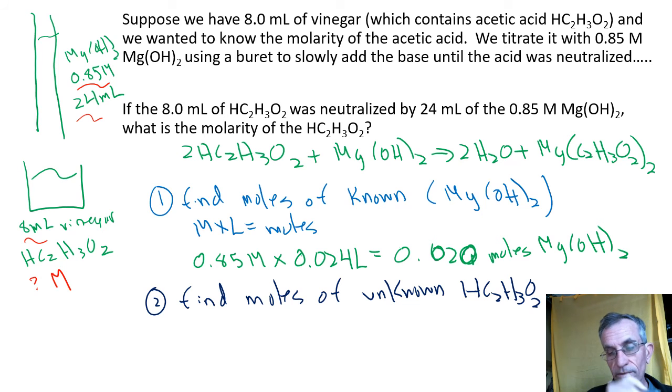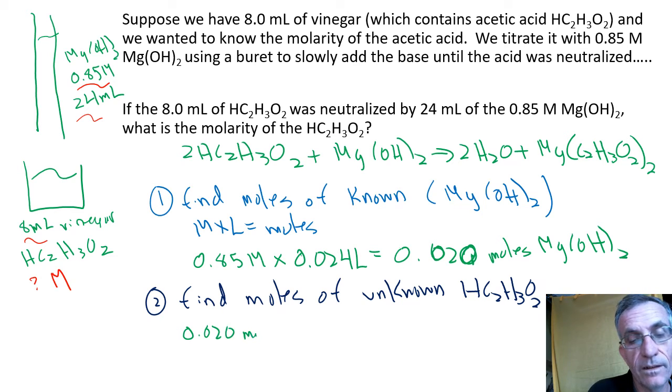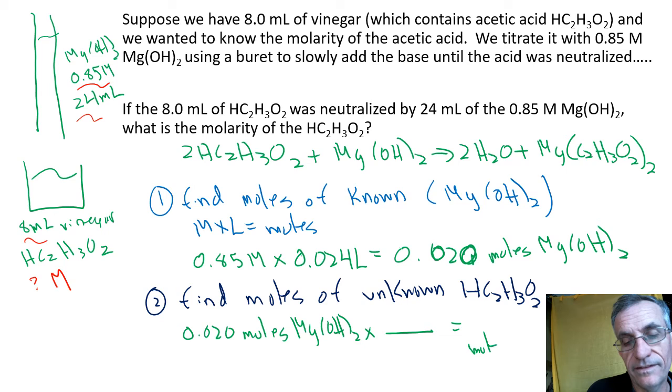Now to work it out, we've done this before. Moles of one thing to moles of something else. What do you use? Coefficients. Not in a while, huh? But yeah, it's the coefficients. So you would take your moles of magnesium hydroxide and go to moles of acid, moles of acetic acid.